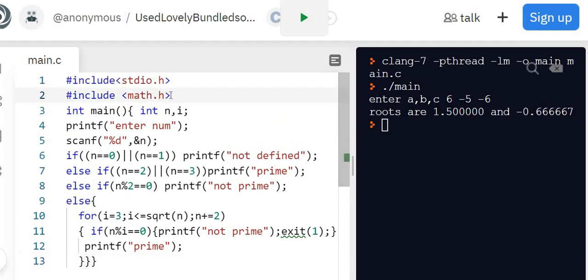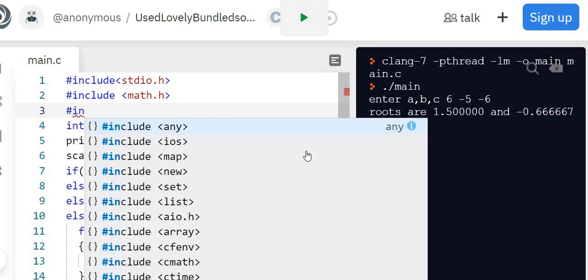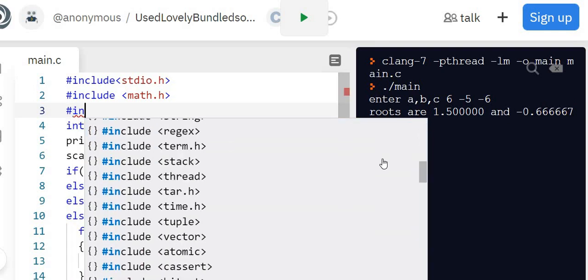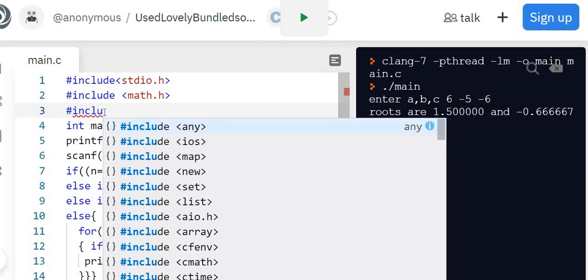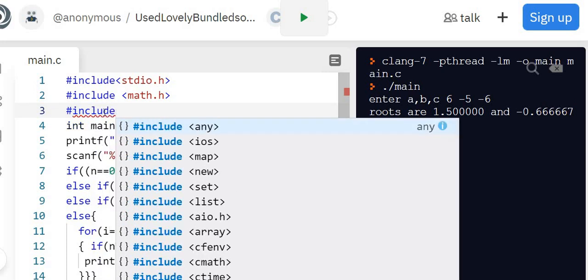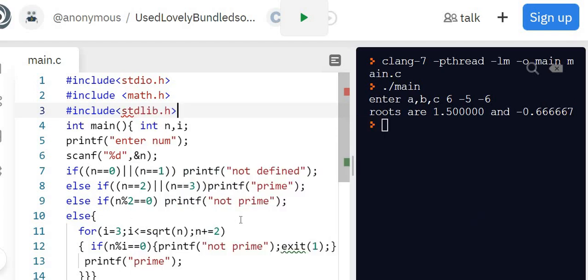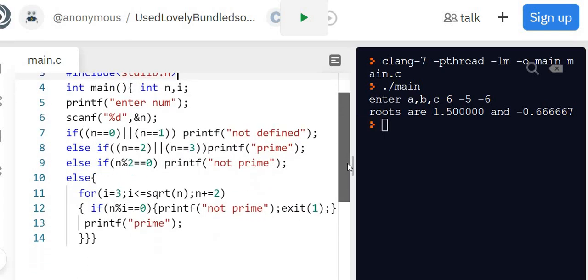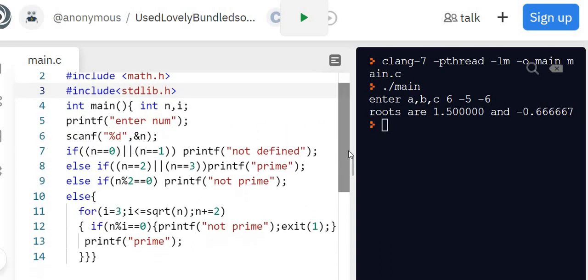So let's include that. stdlib.h. Now the error is gone. Now let's run this program, get the value of n and check whether it is prime or not.